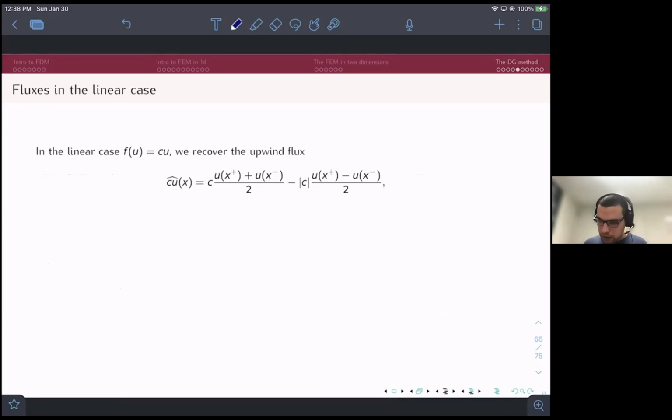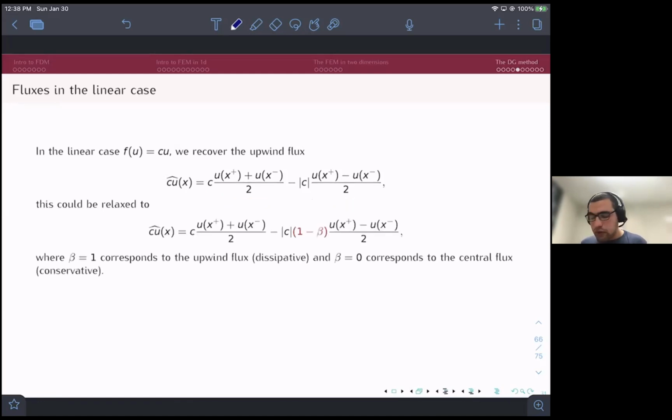So if you use f(u) equals cu like we had, what happens is that the flux would be c times the average minus the absolute value of c times the difference. We can relax this a little bit and then multiply the second term by a factor 1 minus beta.